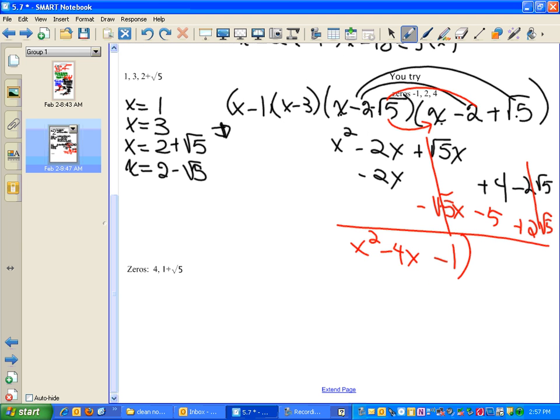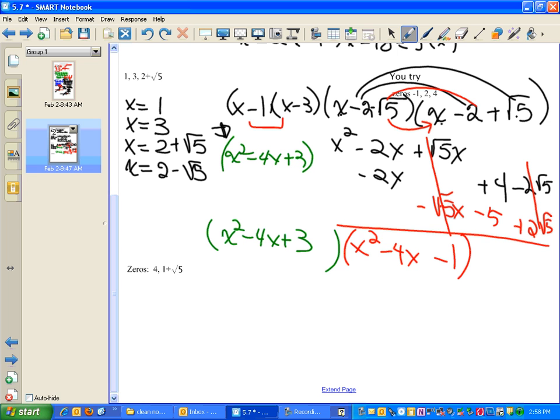Guess what we have to still do? Why would we factor? We got to multiply these two together. This is going to be x squared minus 4x plus 3. I think I gave you 1. Okay?